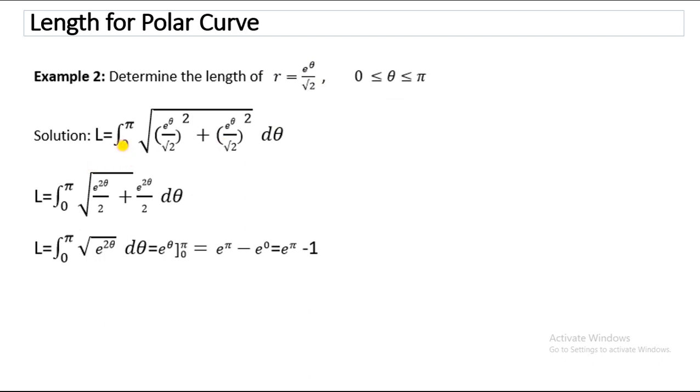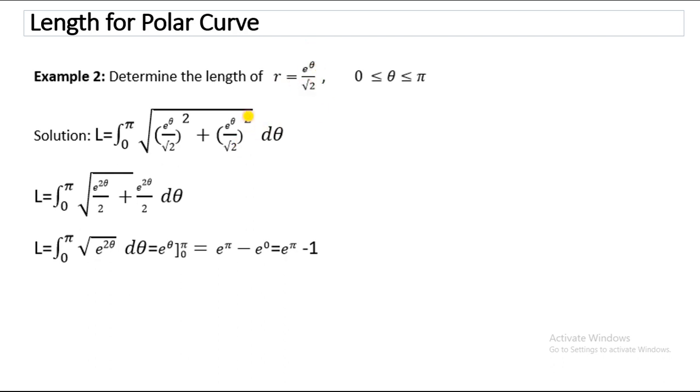The length equals the integration from 0 to pi of the square root of r square plus dr over d theta square, d theta. The derivative of r is the same, e to the theta over square root of 2, because the derivative of e to the theta equals e to the theta.